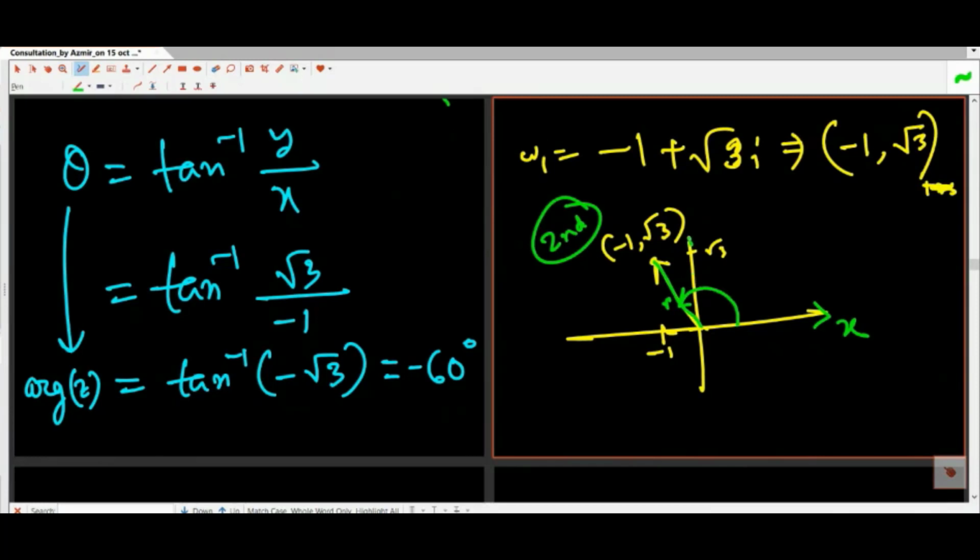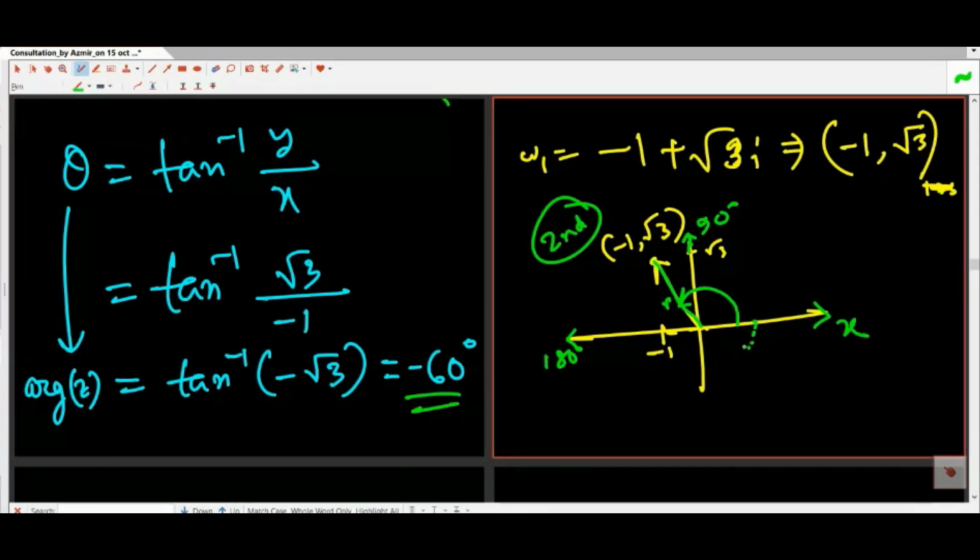So by our first view, we can understand that it is in between 90 degree and 180 degree. But whatever we have found from this portion is negative 60 degree.